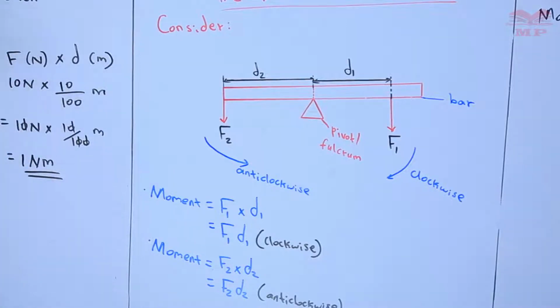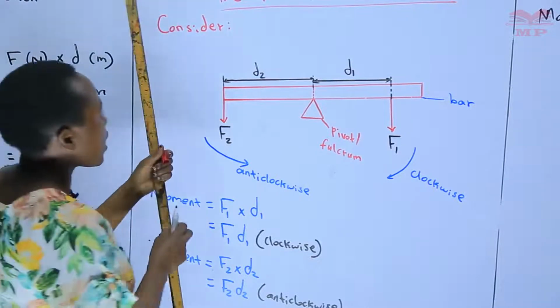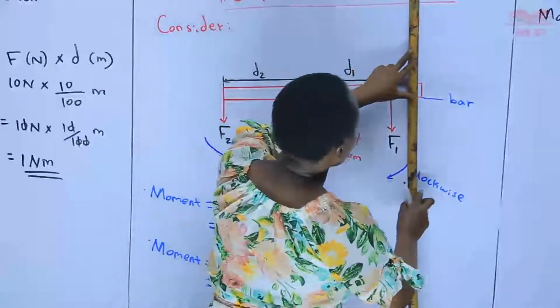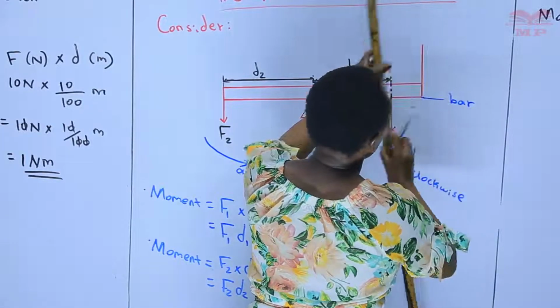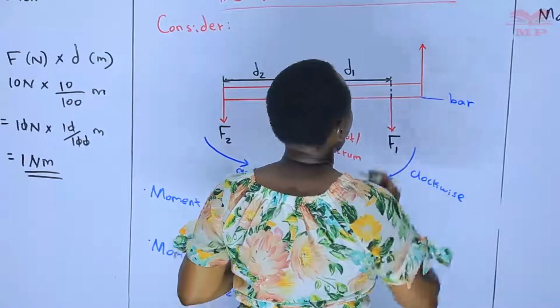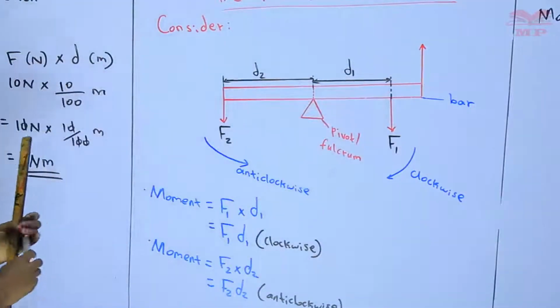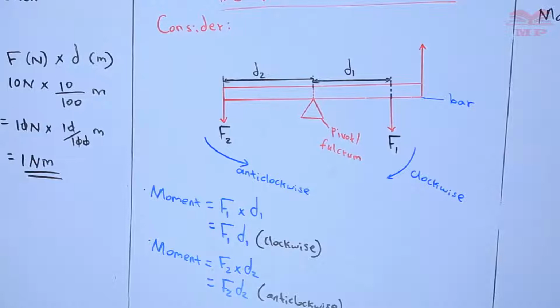Now if we add some more forces, we can add some more forces on the upper side. We can, for example, add another force at this point here. If we have another force here, we can call it force F3 because we have F1, F2.